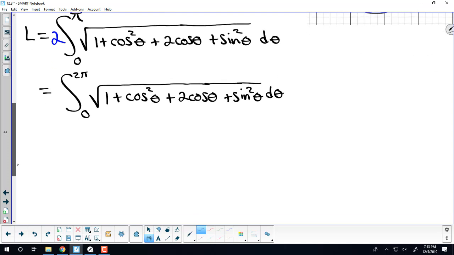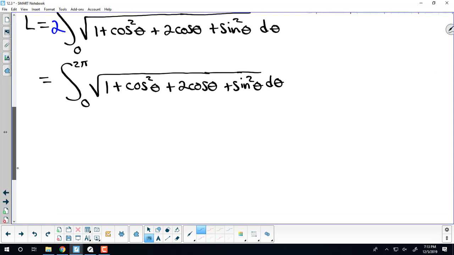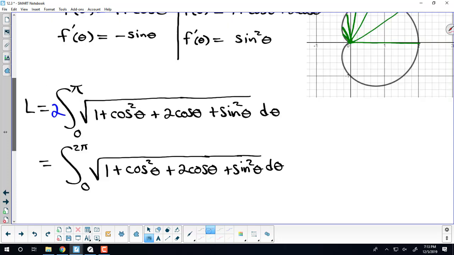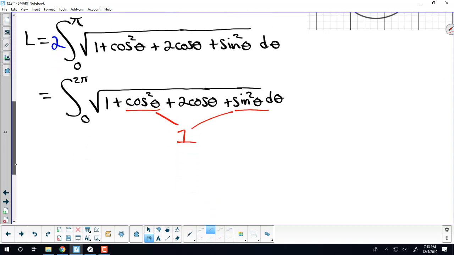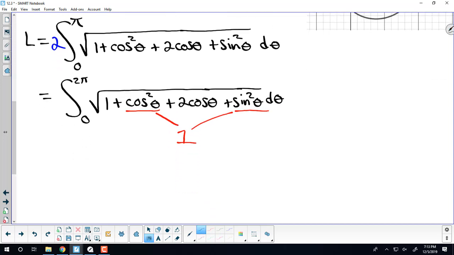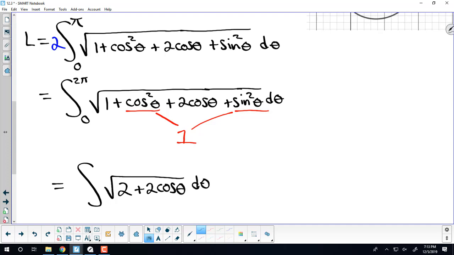So then, what can we do here? Okay, so that's going to be 1. And so we're still left integrating the square root of 2 plus 2 cosine theta d theta.